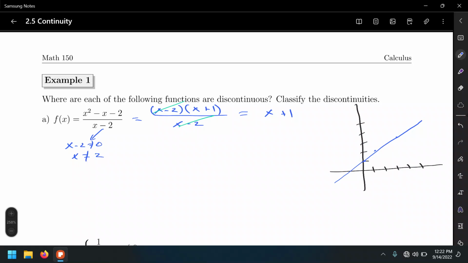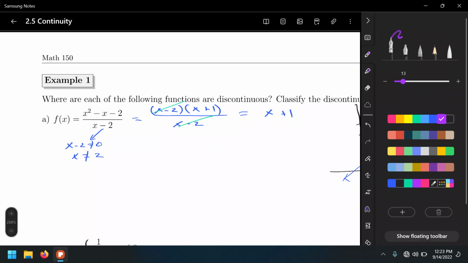So the new function, the simplified function, inherits that dark past, which in this case is going to be a hole right here. All right, that hole right there. And in this case, what kind of discontinuity? Removable.